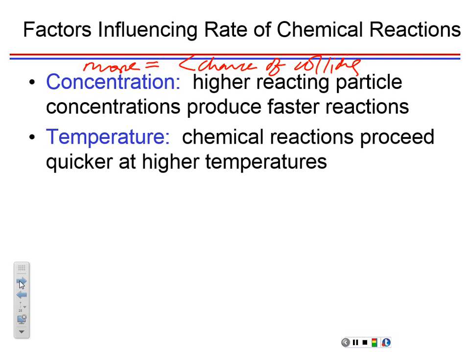So temperature: chemical reactions get speeded up when the temperature increases. Again, it's the same concept. Why does increase in temperature increase the rate of a reaction? They're moving faster. When they're moving faster, the likelihood of bumping into each other increases, that's why the speed limit is 70. I like it to be 80 though. Because if you're going fast, the chances of you reacting in time to stop are lower, you bump into each other more.